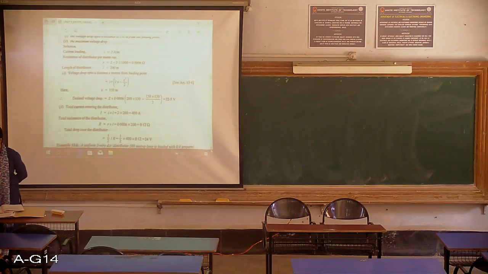Then the total resistance of the distributor is r into L, so it is 0.0006 ohms into 200 meter length, you will get 0.12 ohms. So what is the total drop? Half into I into R, you will get 24 volts.